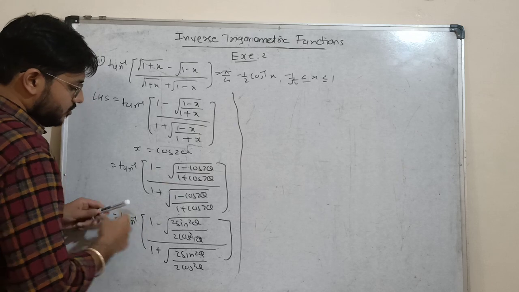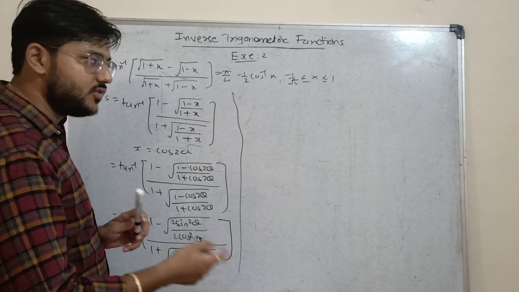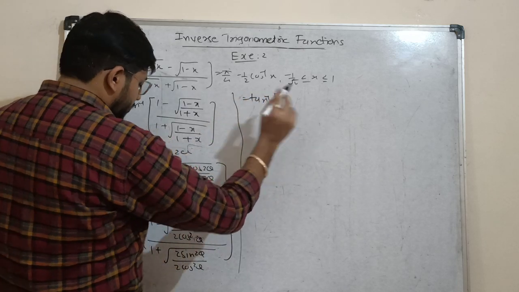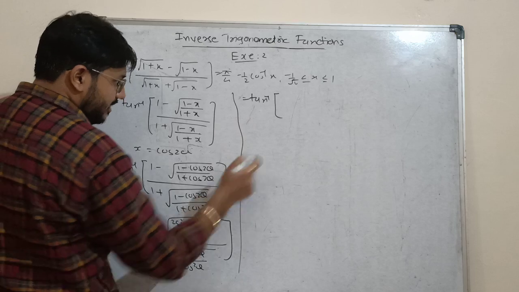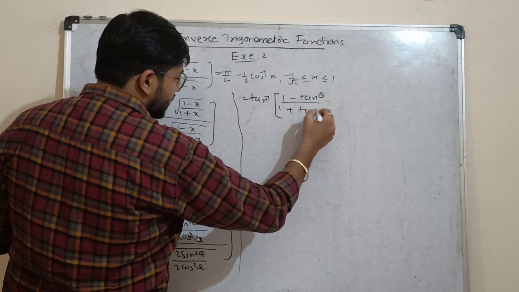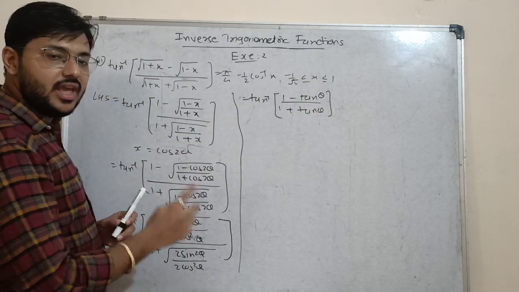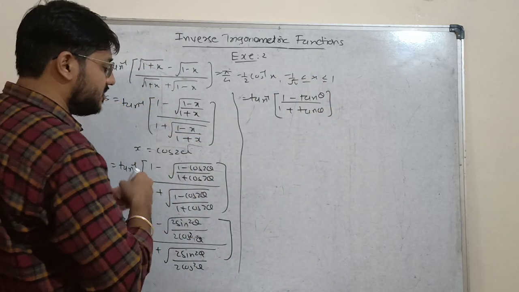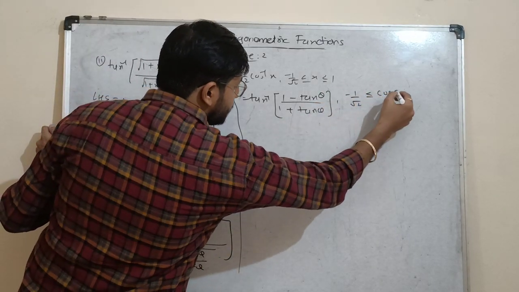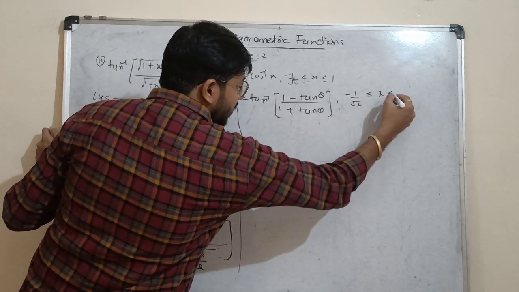Now the 2s cancel, sin square by cos square, that is root of tan square, and root of tan square we can write as tan theta. So it is 1 minus tan theta upon 1 plus tan theta. Now again, as we remove the square root and square, we have to put modulus, right? But let us derive the condition, minus 1 by root 2 less than or equal to x, less than or equal to 1.